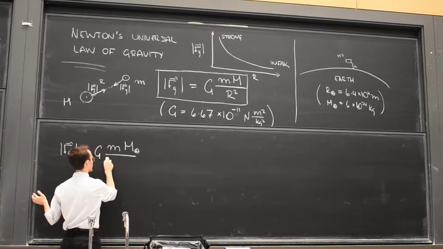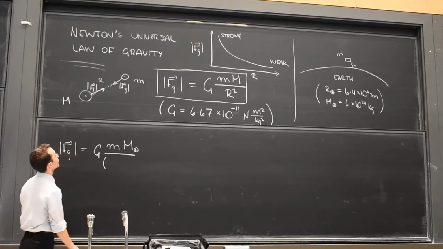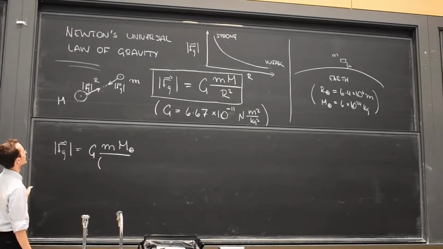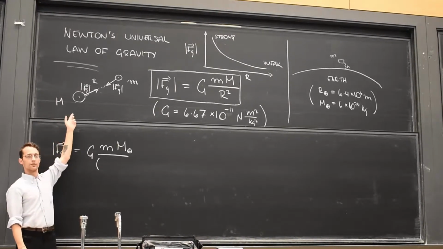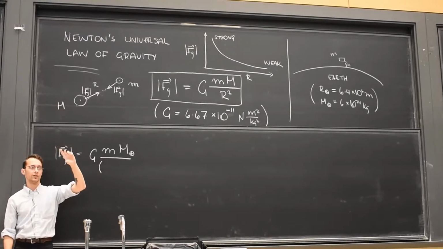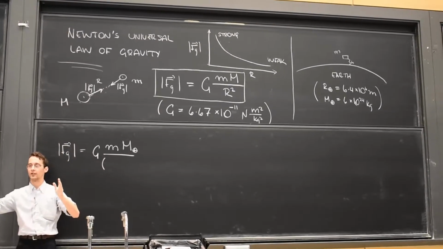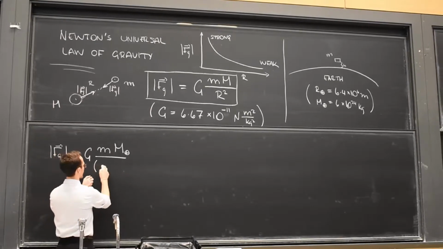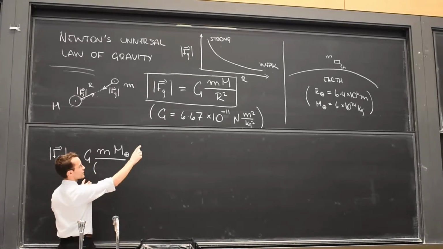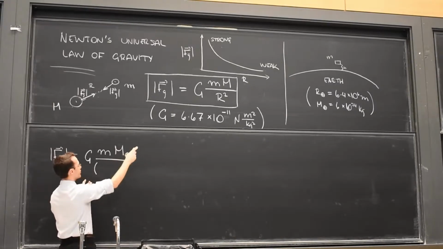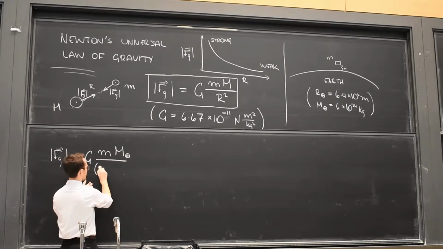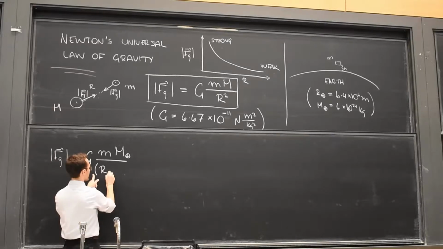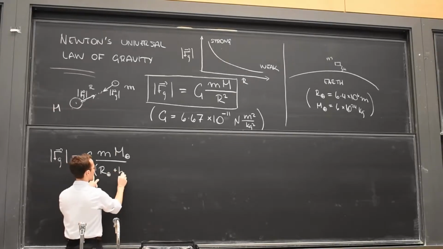The radius r, or the letter r, that's the center to center distance. Which means down here, this is going to be the distance between the center of Earth and the center of our box up there, which means the distance is the radius of Earth plus h.